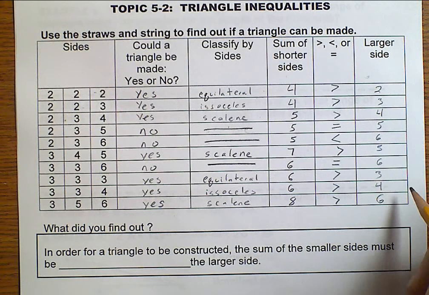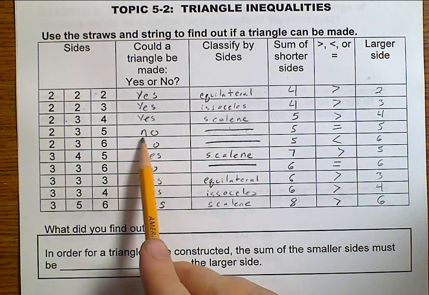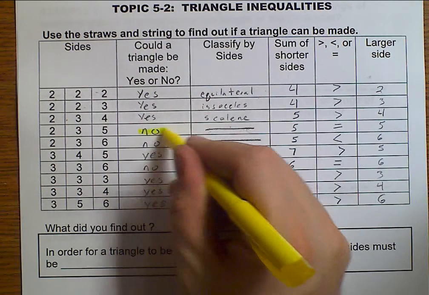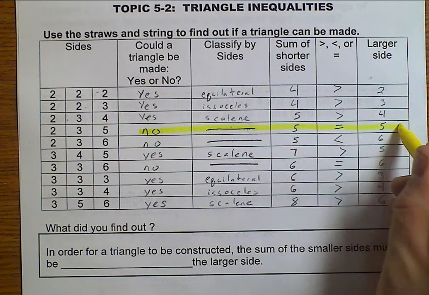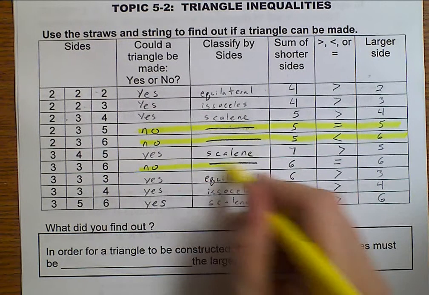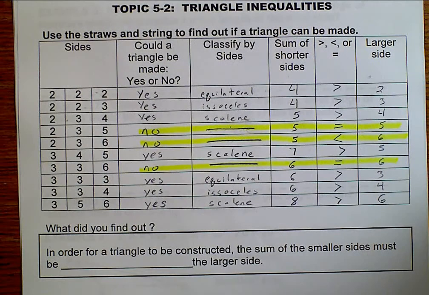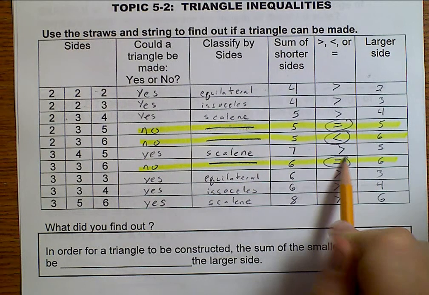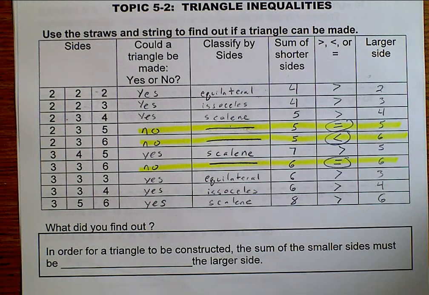Now I want you to notice something. I'm actually going to get a highlighter out. You can circle if you would like on your paper, but I'm going to use a highlighter here. If you have a highlighter handy, you can use that. I'm going to highlight the ones that said no. So you can see equals, less than, equals, those did not make triangles.